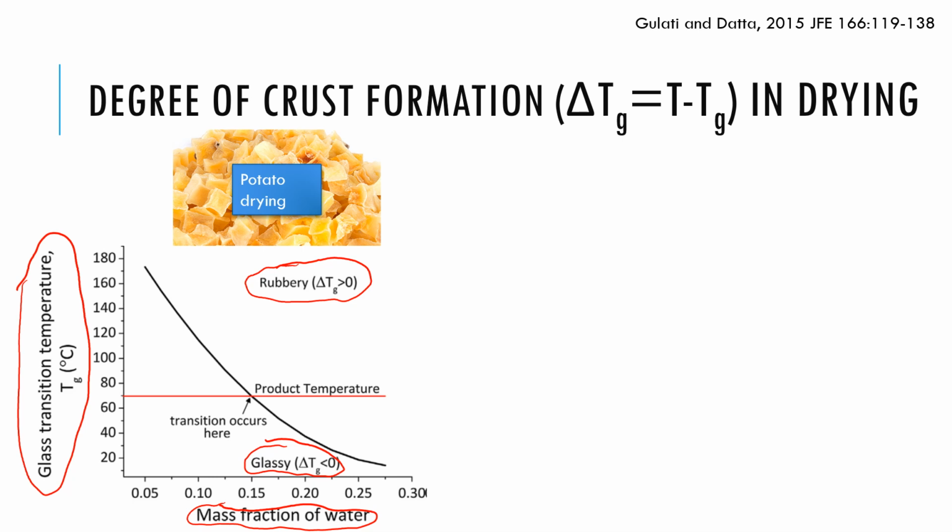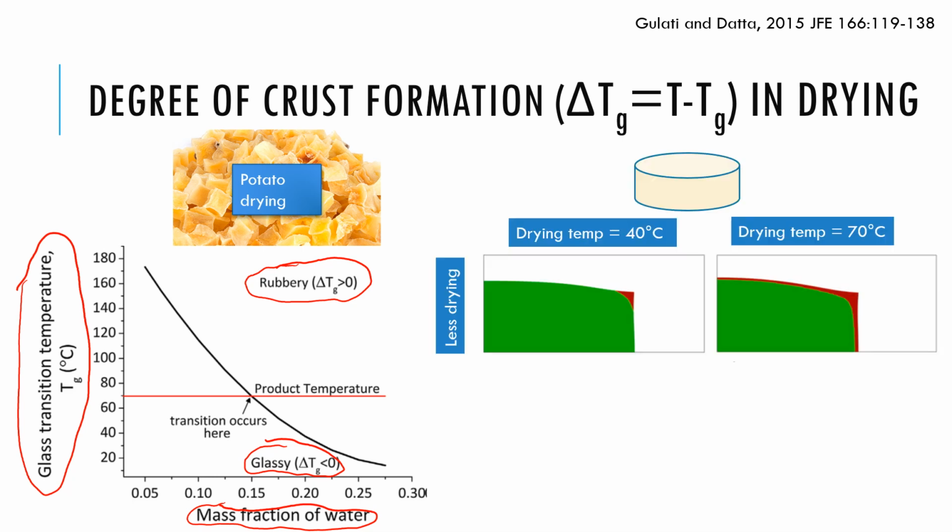Consider two drying processes, one at a lower temperature and one at a higher temperature, of a cylindrical disc of a potato, and the picture shows this part. So it's symmetric, so it's showing this rectangle below in the pictures.